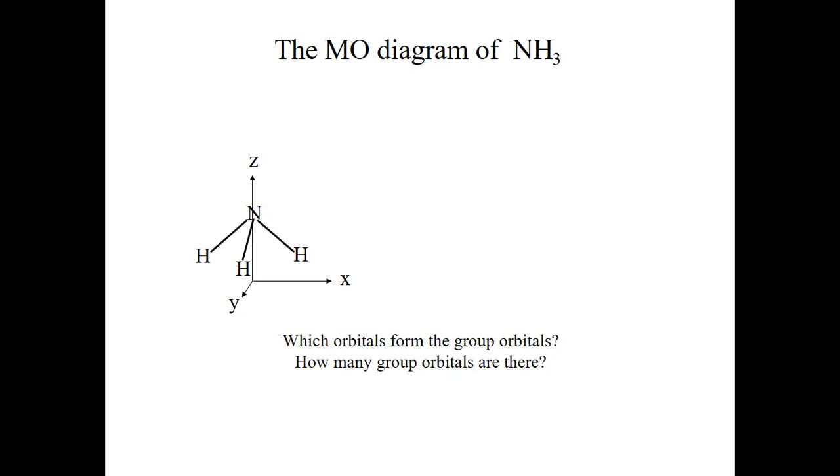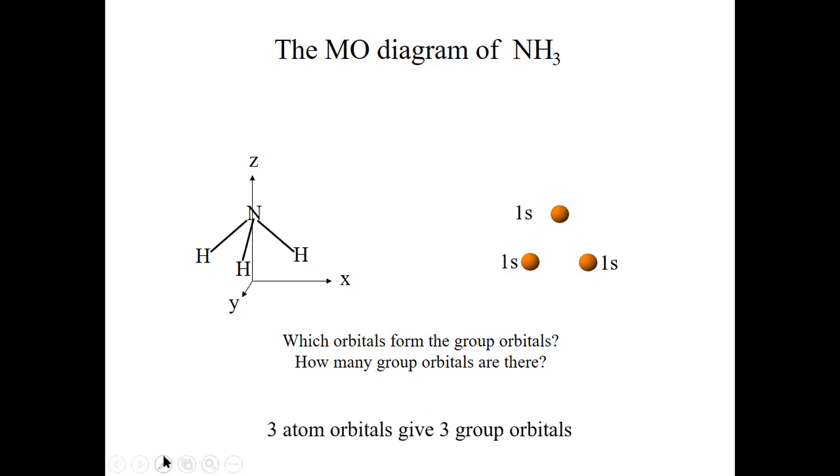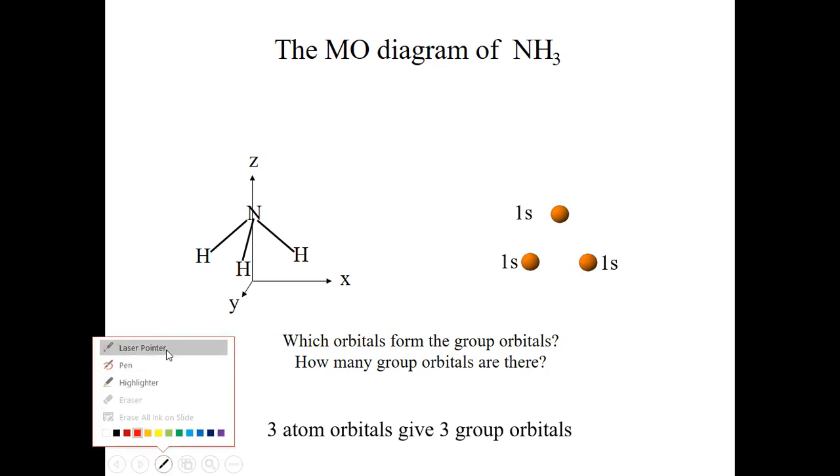For hydrogen atoms, the choice is simple. We will just choose the valence orbitals of the three hydrogen atoms for the construction of the ligand group orbitals. So how many ligand group orbitals will we get? Well, the number of ligand group orbitals is equal to the number of atomic orbitals, and therefore there will be three ligand group orbitals.